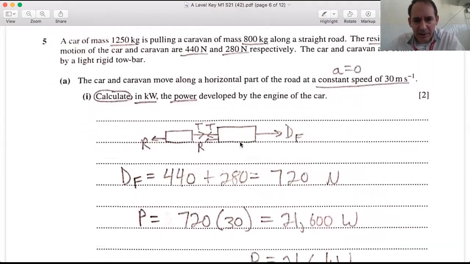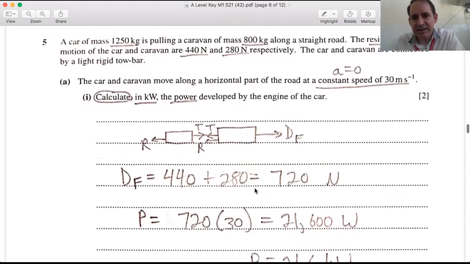So here is the car going to the right with the driving force over here. Here's the tow bar with tension pointing both ways. You only need that if you separate your objects. If you treat it as a whole, you don't need to pay attention to the tension. Here's the caravan in the back, and there are the respective resistances to the car and to the caravan.